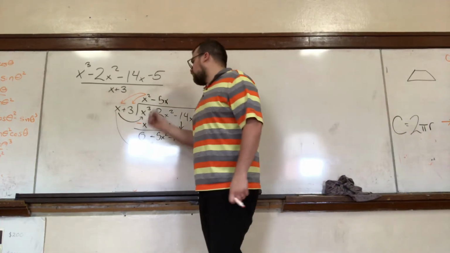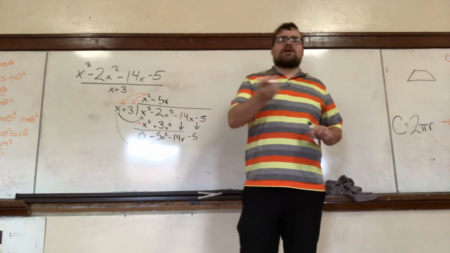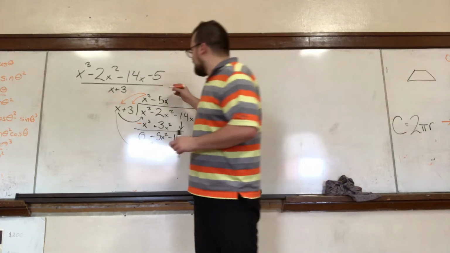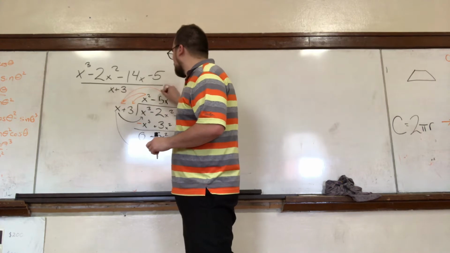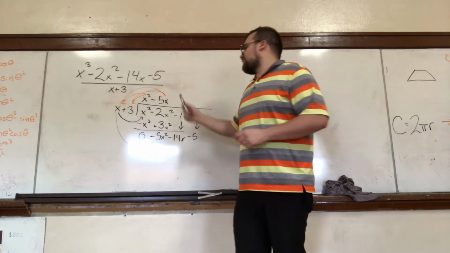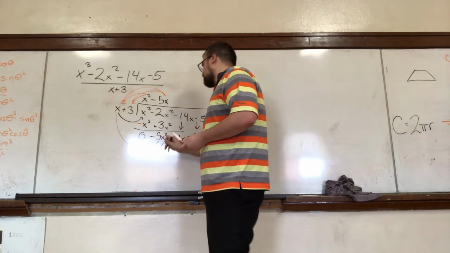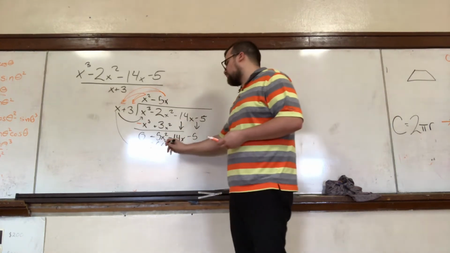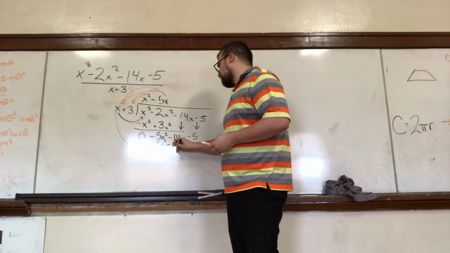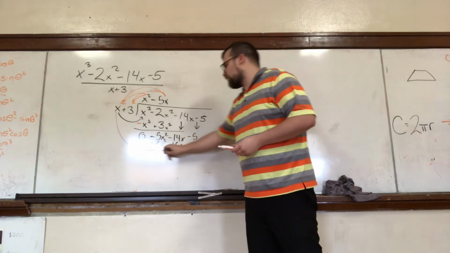So this goes up here like Keegan said a moment ago. As soon as a number goes above that division bar, it distributes in to our divisor. Negative 5x times x makes exactly what we wanted, negative 5x squared, and negative 5x times 3 makes negative 15x. I almost made that positive.